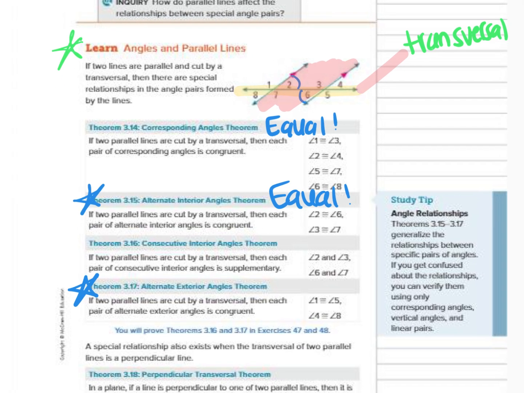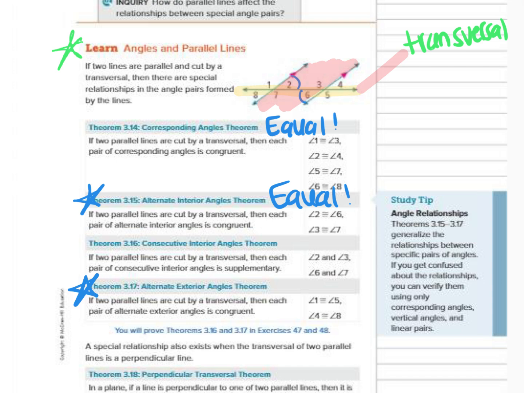My next type of angles are consecutive interior angles. So when I see the word interior, I know that they are found in that red portion there, so anything inside the parallel lines.